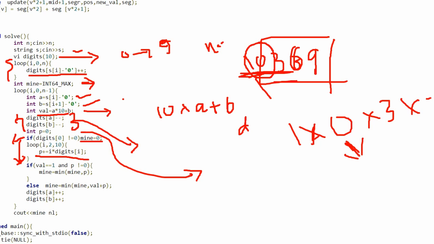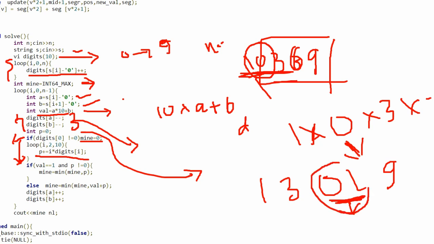So there is a case, suppose that we selected this as our two-digit number. So in this case, the digits, so 1 plus 3 plus 9, that would be stored in our variable p.